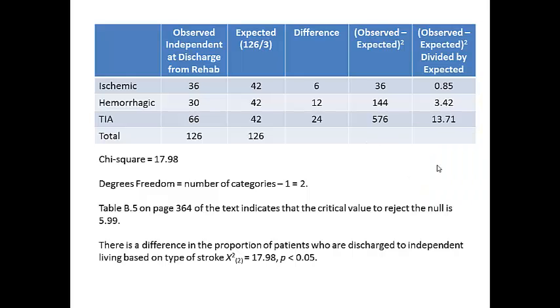Let's now do an example of a two-sample contingency table. Let's say that we want to know if there is a difference in the observed and expected occurrences among categories of RNs who earn advanced degrees.